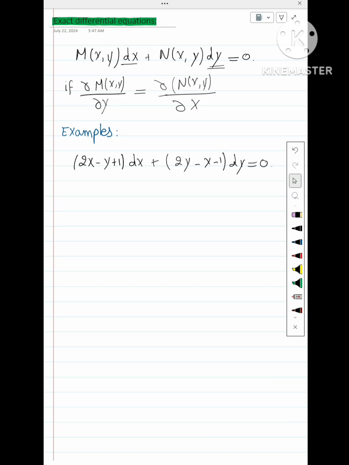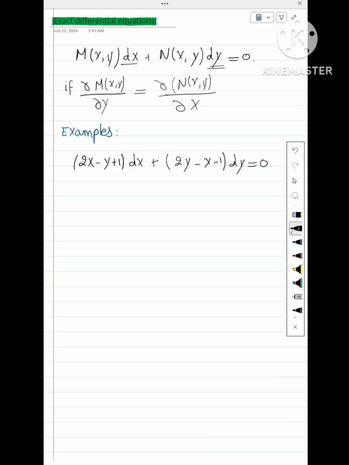I guess it's not, because we have 2x dx, which is clear, and we have y dx and we have x dy. They are not going to be separated whatever you do. It's not homogeneous either because of these constants. If we replace every x and y by tx and ty, we will still have the 1 and we cannot return to the first equation.